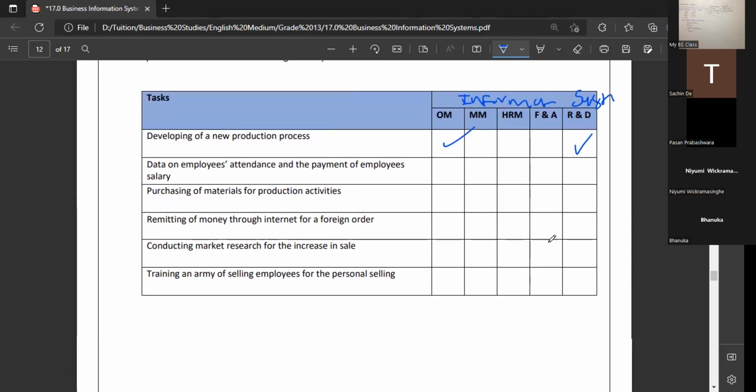And data on employees' attendance and the payment of employees. Now imagine this. Attendance matters for the HRM, but for the payment, in most cases, because in order to account for those salary expenses in the profit and loss account, that will be mainly financial and accounting, because they need the attendance details to process the payments for the employees.